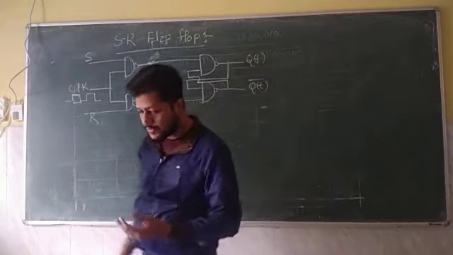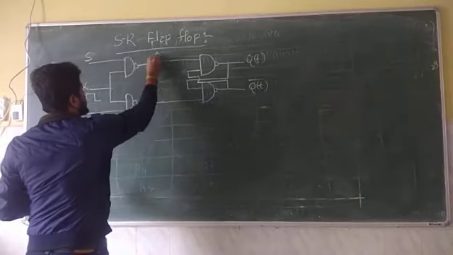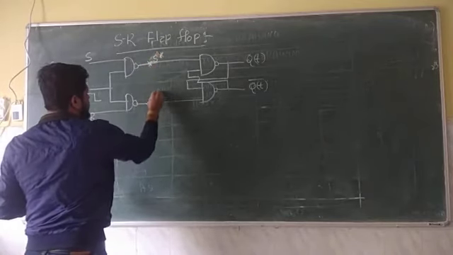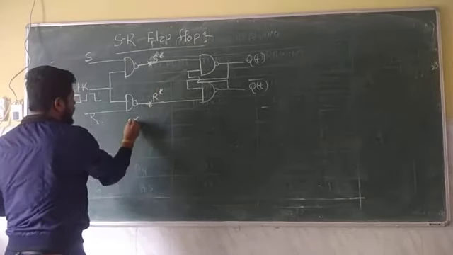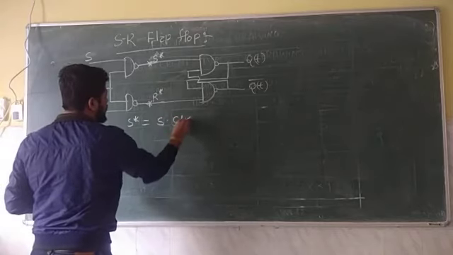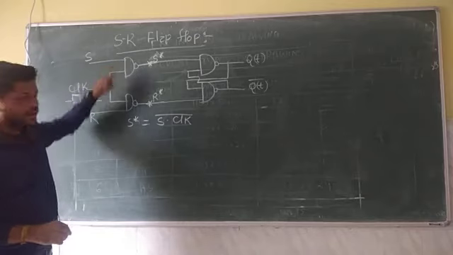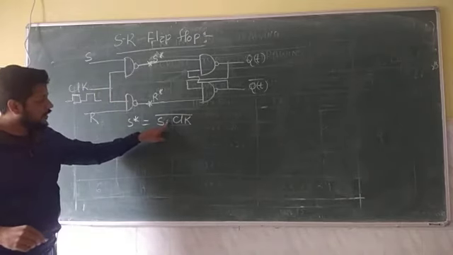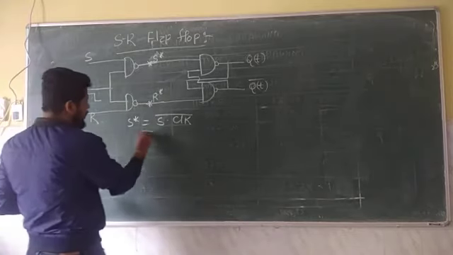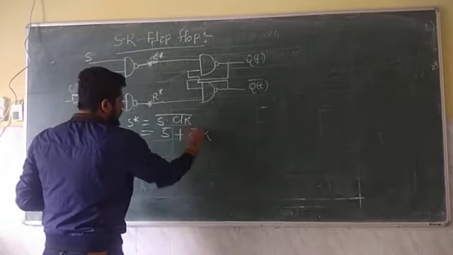So what is the output of this NAND gate? We can see here. Suppose this is S star and this is your R star. So what is the value of S star? S star is S into clock, whole bar. S is applied and a clock is applied. So S and clock whole bar, because this is a NAND gate. So it is S bar plus clock bar.